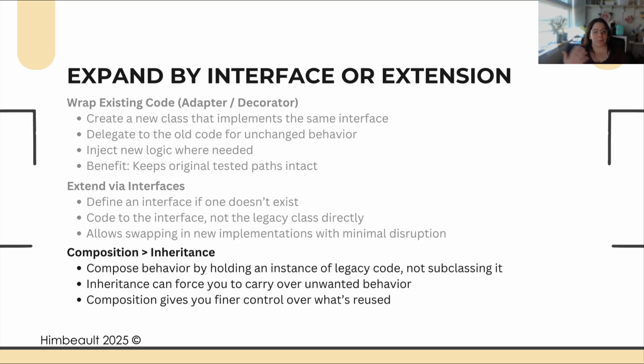We want to compose our behavior by holding an instance of that legacy code class rather than subclassing it, because inheritance might force us to carry through behavior that no longer is valid, whereas our wrapper situation allows us to define that new behavior in a more isolated fashion. Composition is going to give us a bit more fine-grained control over what we do want to reuse.